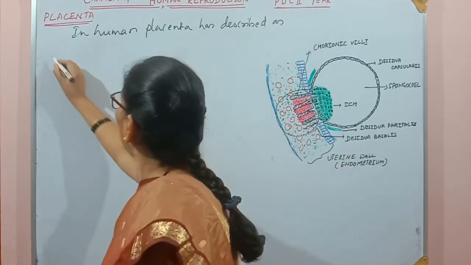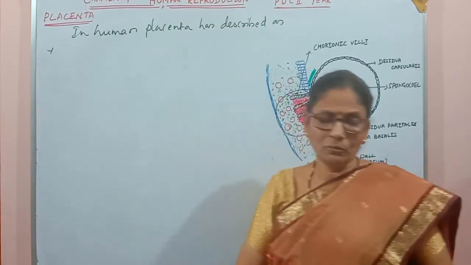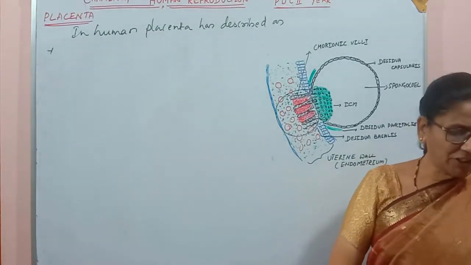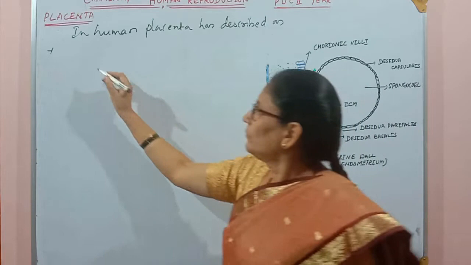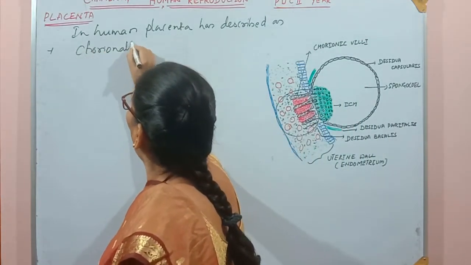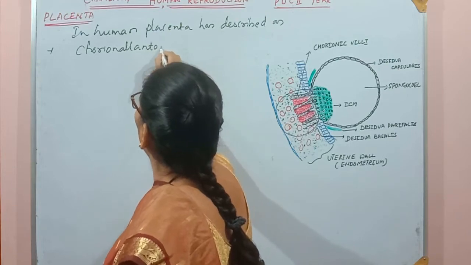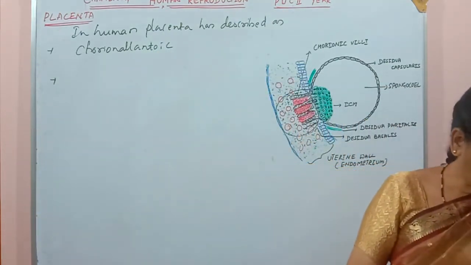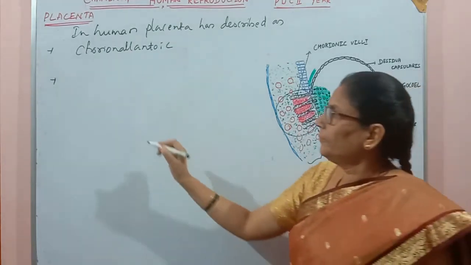The first word is chorioallantoic. The second is hemochorial placenta.